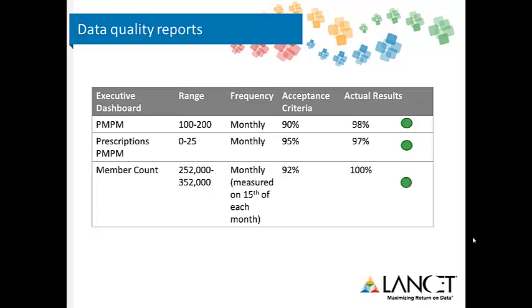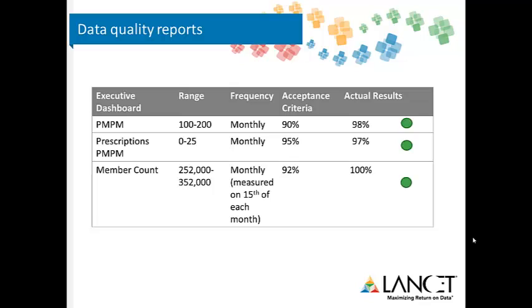You do your own data quality report. I've actually worked with data governance groups that have created their own data quality or data steward dashboard, where they report this kind of thing out to a group of people.